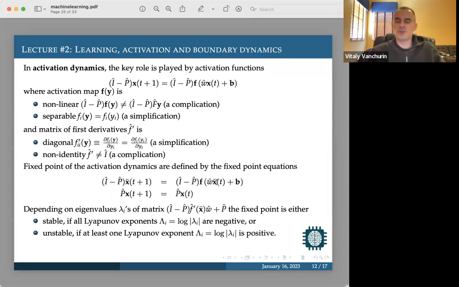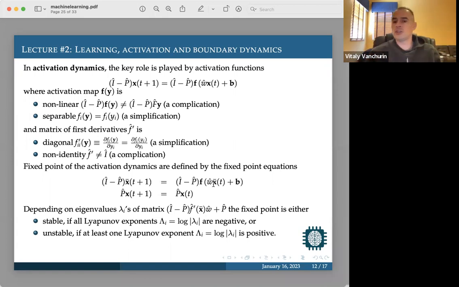The reason is, you go to the fixed point and linearize your system around that point and see how a small perturbation around the fixed point propagates. If the Lyapunov exponent is negative, any small perturbation of x in that direction will shrink exponentially fast. If there are any directions where the Lyapunov exponent is positive, then they will expand exponentially fast. So if all of the Lyapunov exponents are negative, then the fixed point is completely stable.